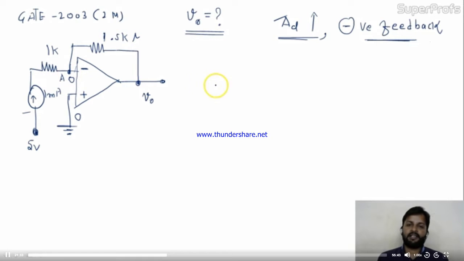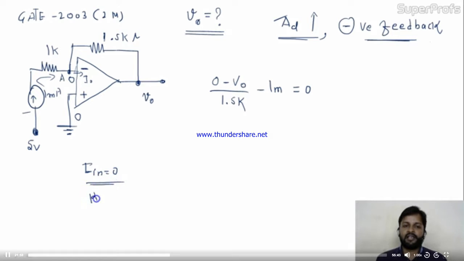I'll apply nodal analysis. It will be 0 minus V0 divided by 1.5k, and into this branch 1 milliampere current is coming, equal to 0. See, the op-amp does not take current. Input current for the op-amp is 0. Why? Because R is infinity. Whatever voltage you apply, the current will be 0.